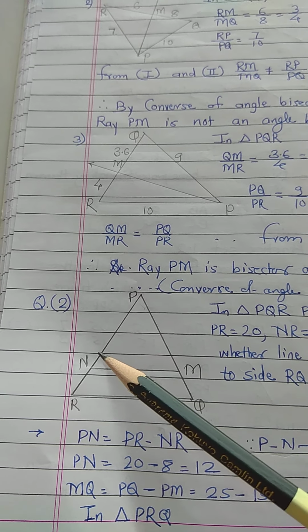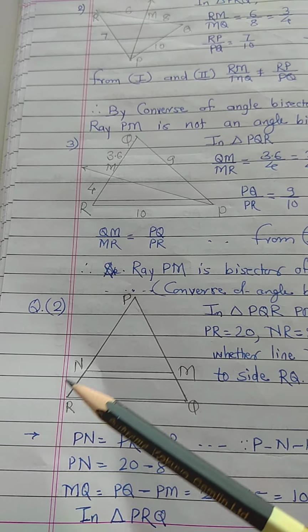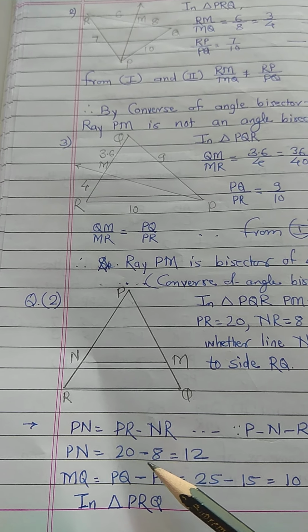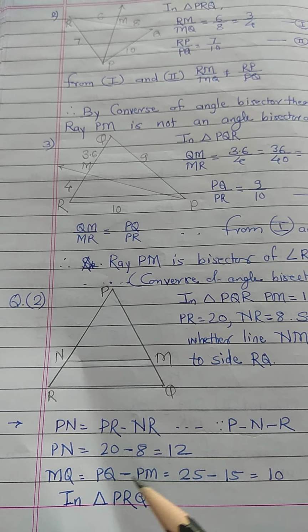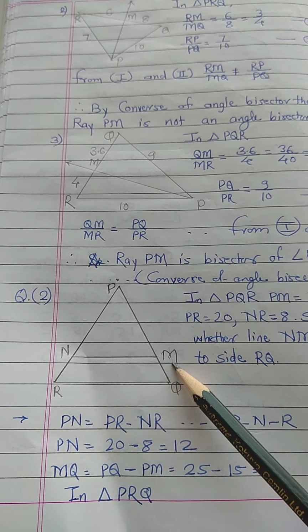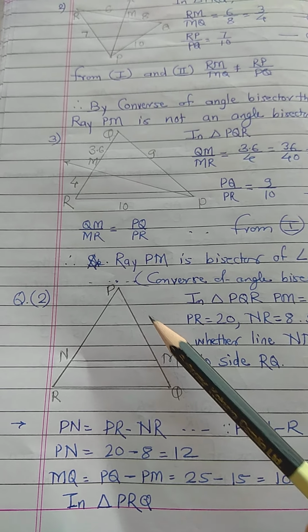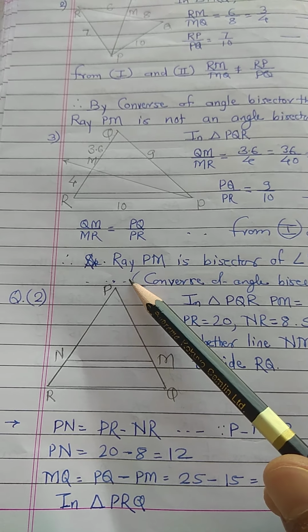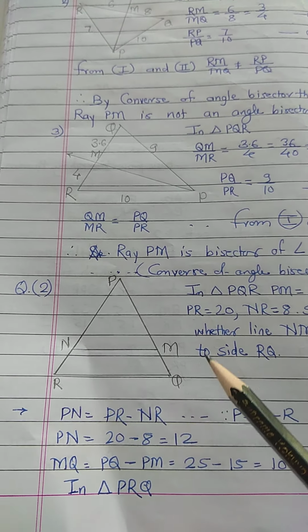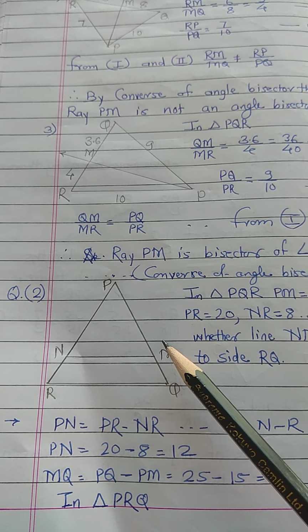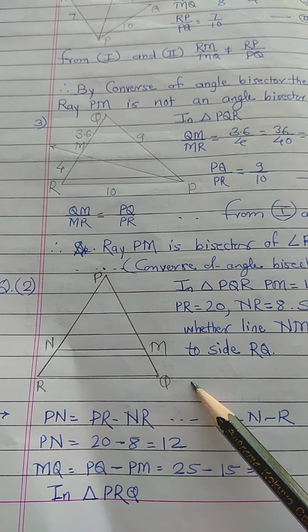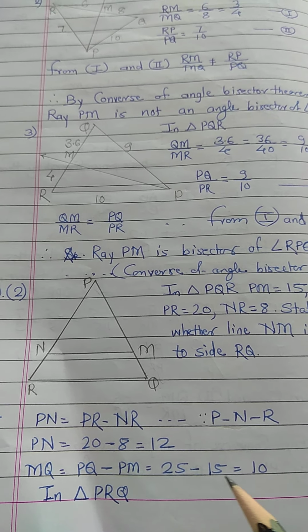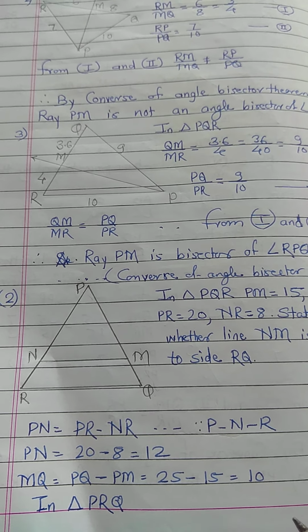Therefore, we can say that PN is equal to the value of PR, which is given as 20, and the value of NR is given as 8. 20 minus 8 equal to 12. MQ, see this MQ, it should be equal to PQ minus PM. PQ is given as 25 minus PM, it is 15. 25 minus 15. The value of MQ is 10.